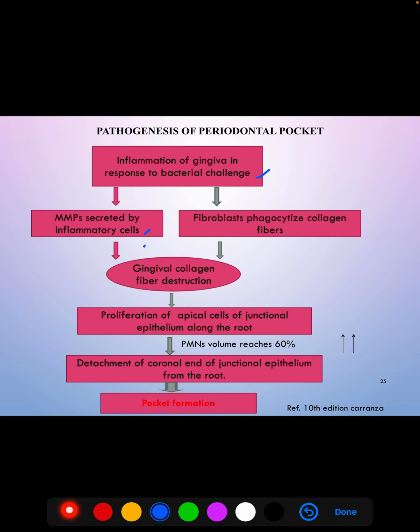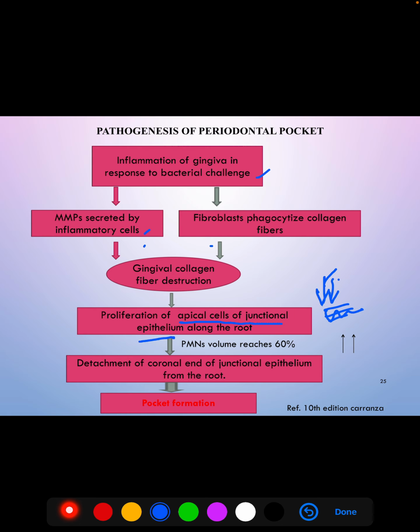As a result of these two reasons, the collagen fibers are destroyed. Because of that, the apical cells of the junctional epithelium proliferate and move down along the root surface. Because the underlying connective tissue is destroyed, the junctional epithelial cells will try to move along the root surface.